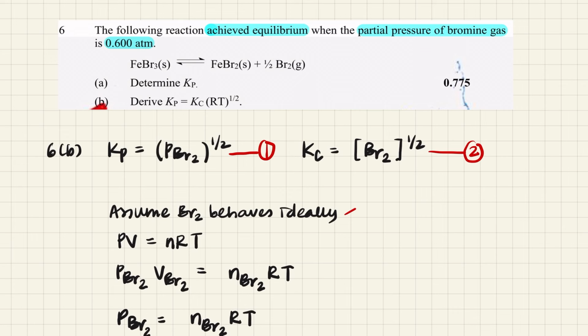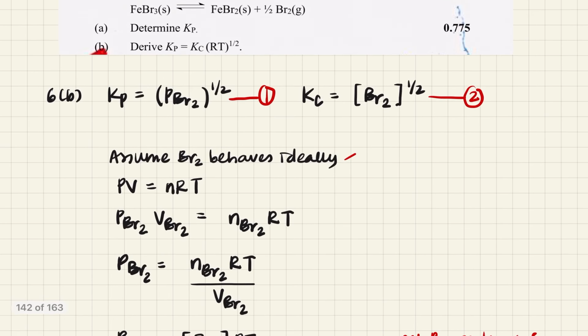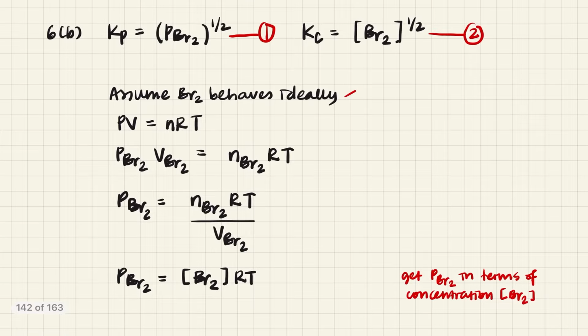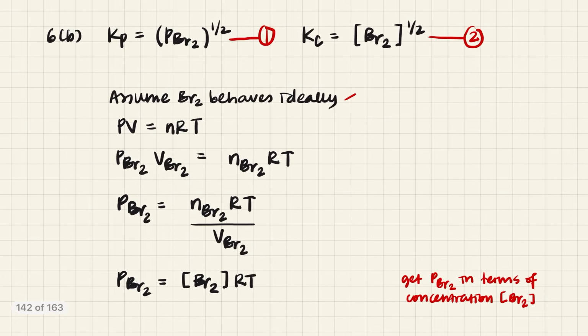So if it behaves ideally, that means you are going to use PV equals nRT. Okay, and then you will expand it, where this is specifically for Br2. Okay, so you want to get the expression where your pressure is in terms of concentration.